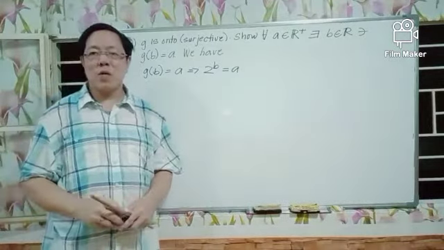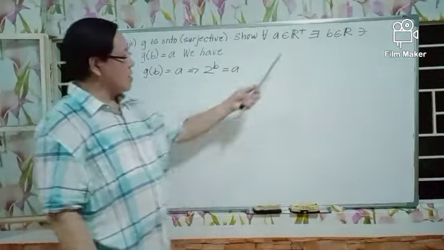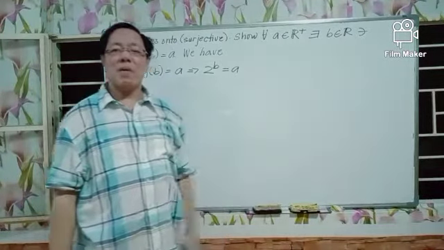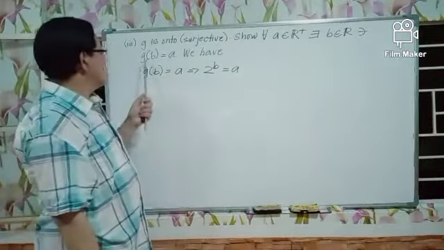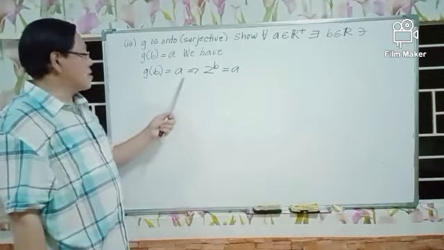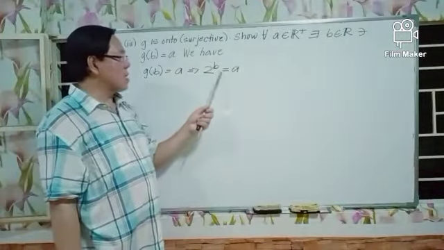And what we should do here is find this b element of real numbers, such that g of b is equal to a.